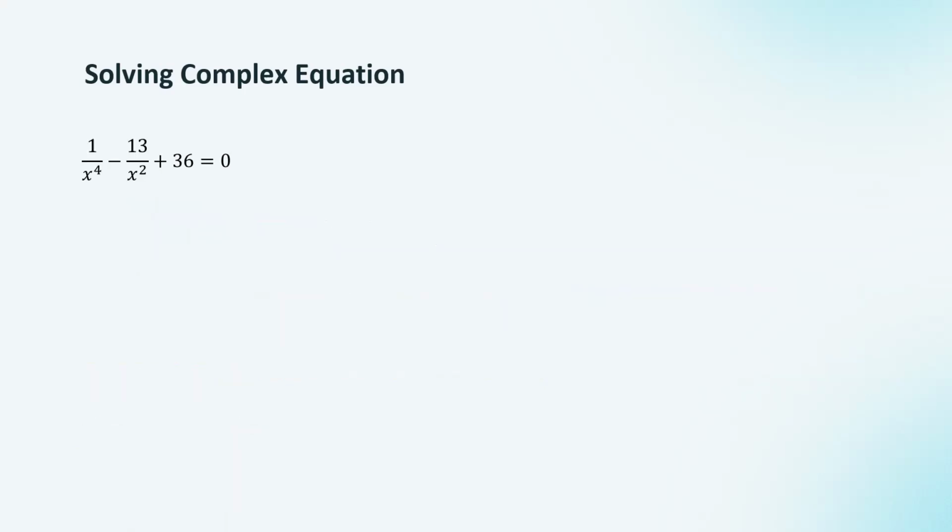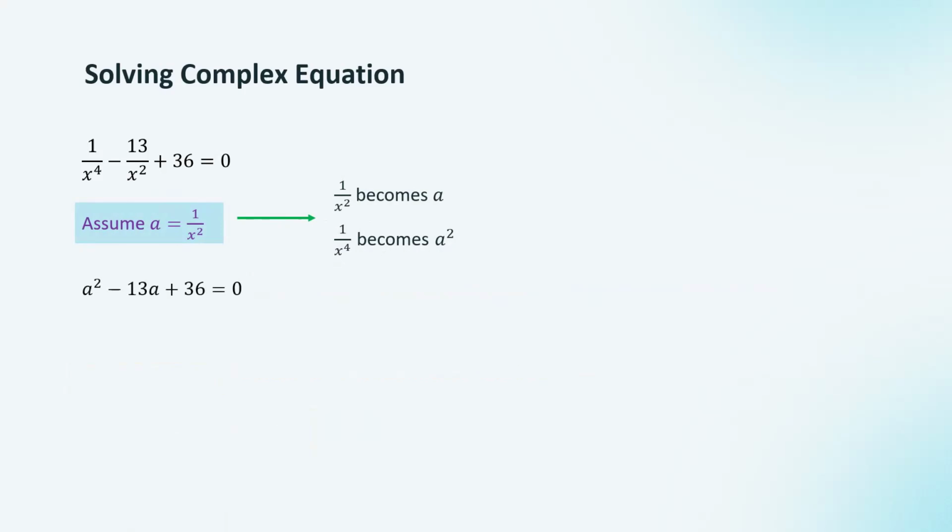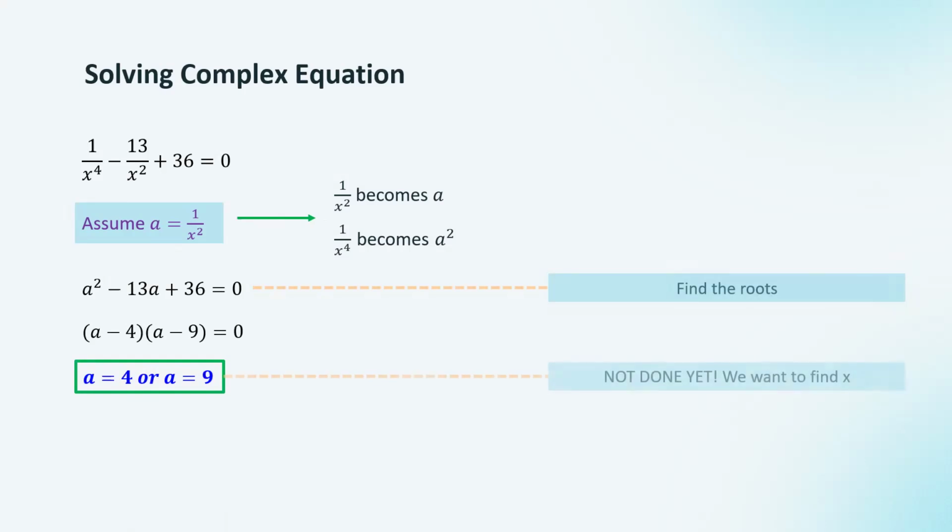This doesn't seem like the previous examples, right? But the method will be the same. So a should be equal to 1 over x squared. So 1 over x squared becomes a, and then 1 over x to the power of 4 becomes a squared. We can try to substitute this and we get a very nice quadratic equation. We can try to factorize this to find the a, and then remember we need to find the x.